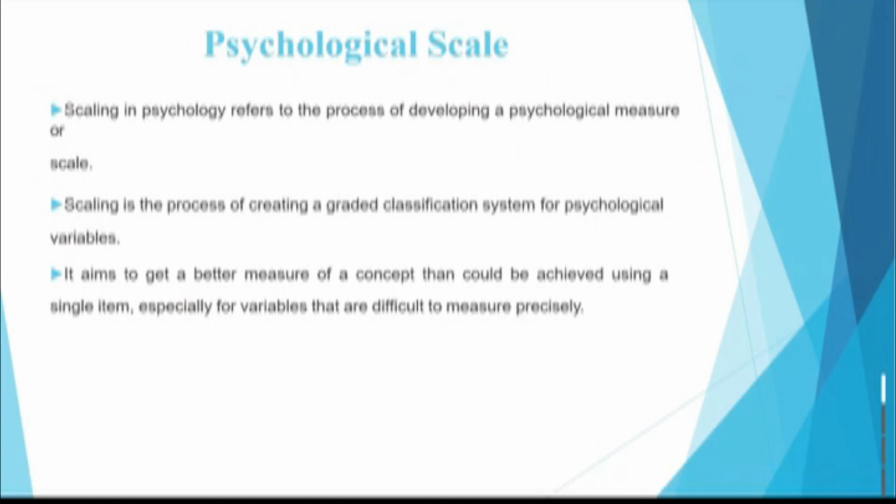Scales are the different ways in which we can measure. Based on your quantitative and qualitative things, you are going to measure. There are different types of scales available, as we saw: nominal, ordinal, interval, and ratio.